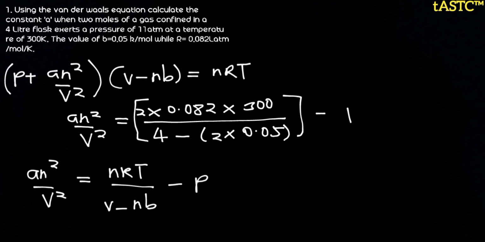P is a pressure which is given to us to be 11. So let us find out what that is going to give. So that gives us 1.615. So therefore we have AN squared divided by V squared, that is 1.615.